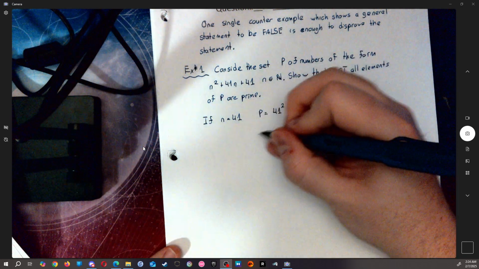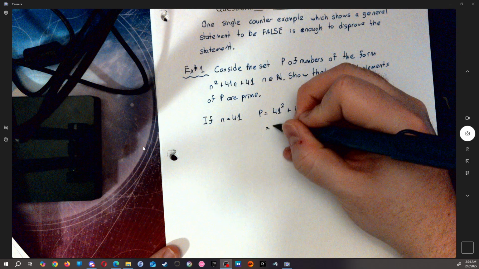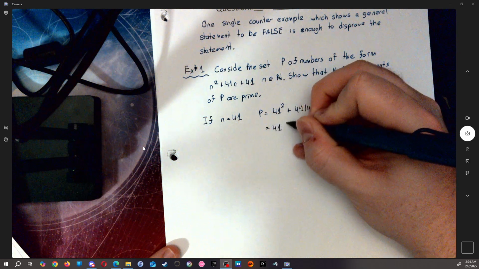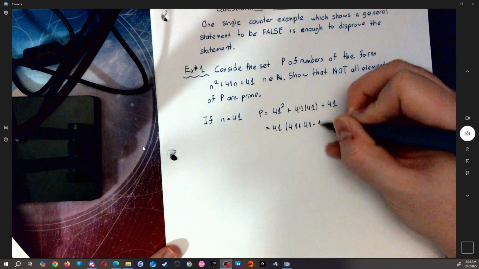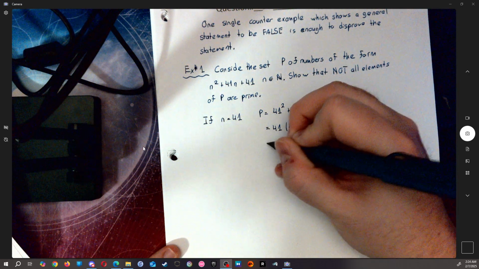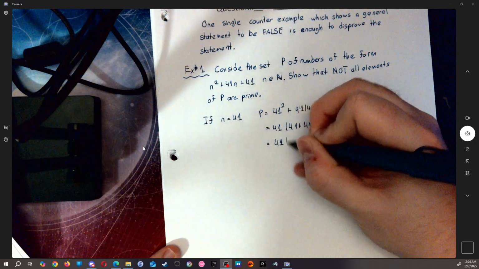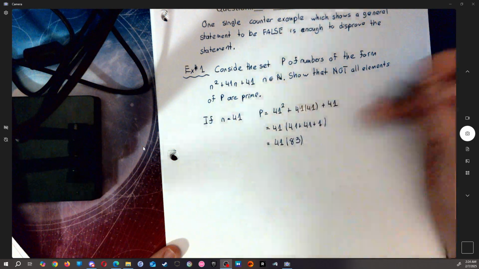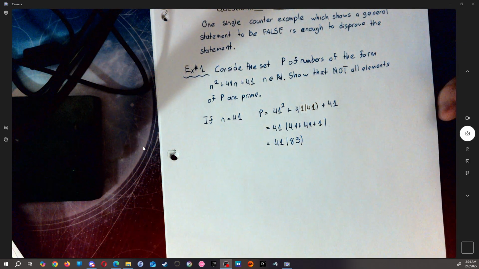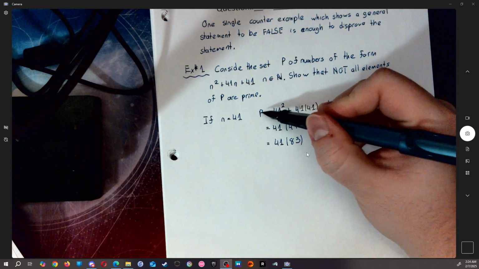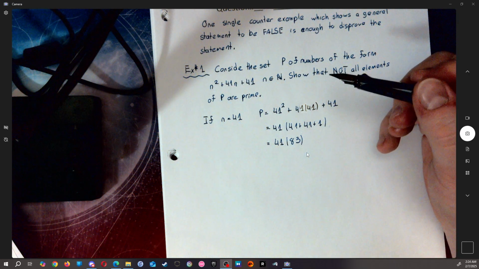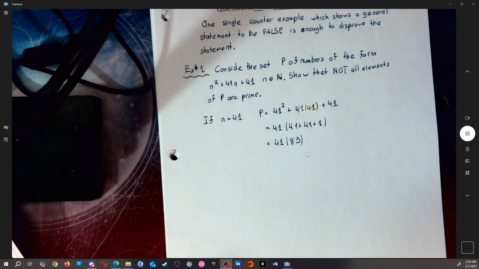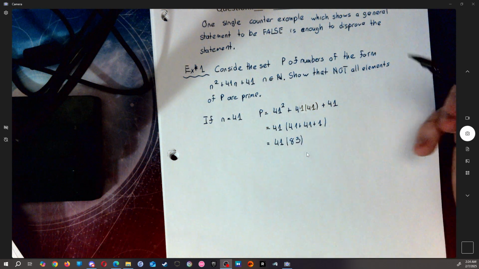Okay, and then here I can factor out a 41 from my entire expression. So then I've got 41 plus 41 plus 41, and this would be 41 times 83, right? And this demonstrates that it's not prime, because now my entire expression p is not only divisible by 1 and whatever the entire expression is, it also has these two factors.